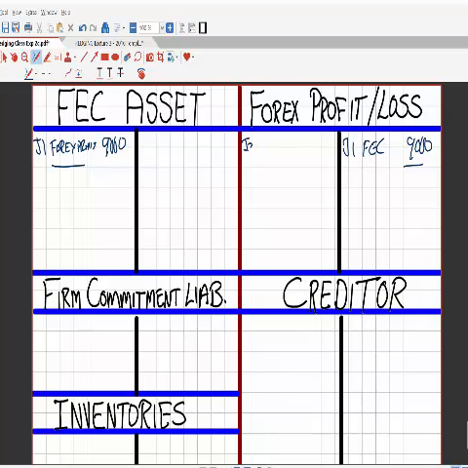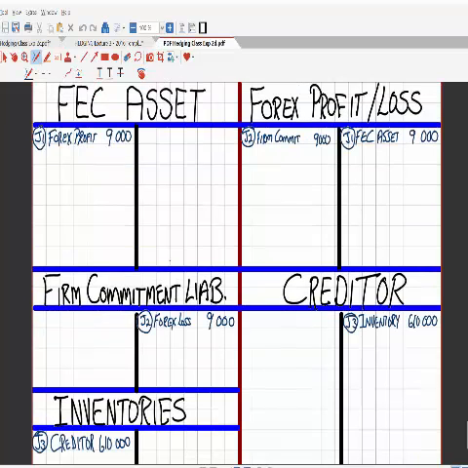So journal number 2 will be your firm commitment 9,000, and there your forex loss, and that is 9,000. So now you've brought that into your books. And remember now to do the inventories and the creditor as well on this date. And there we've done the inventories and the creditor as well.